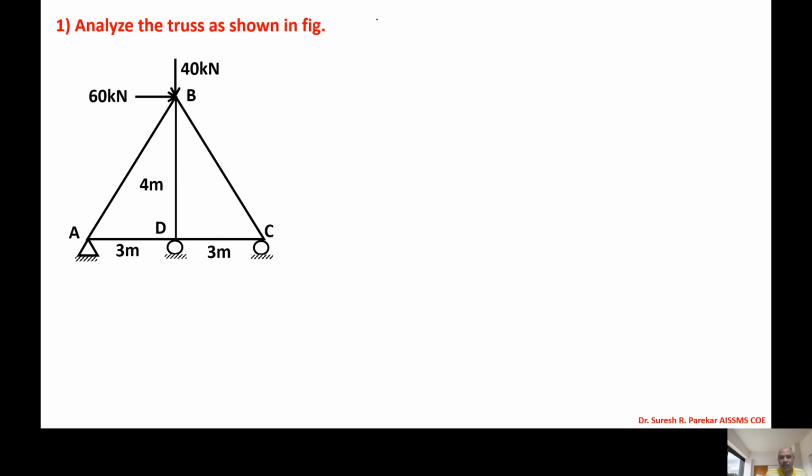So now we will go to step 1, static indeterminacy. First we will find DSE, which is equal to R minus equilibrium equations. So we have 4 minus 3, which is equal to 1.